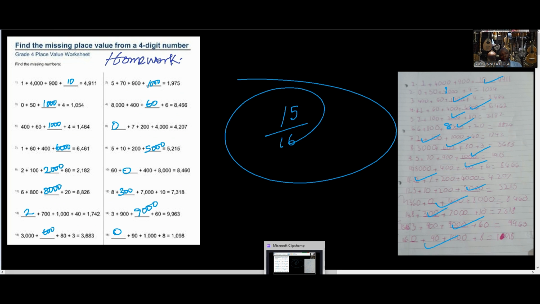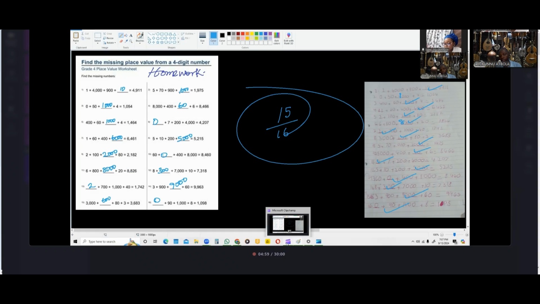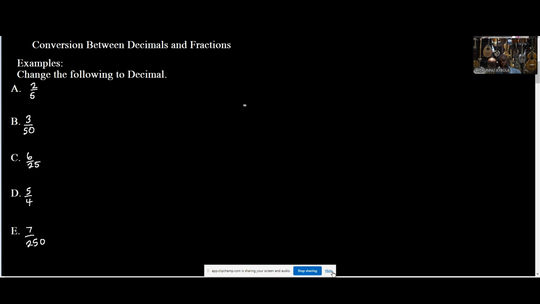Okay, then we're going to look at something more now. Just hold on a bit, okay? To change any number from fractions to decimal, this is what you're going to do. Look at the first one. You consider the number at the bottom, which is this 5. Are you seeing this?